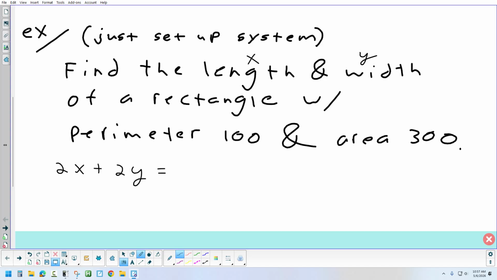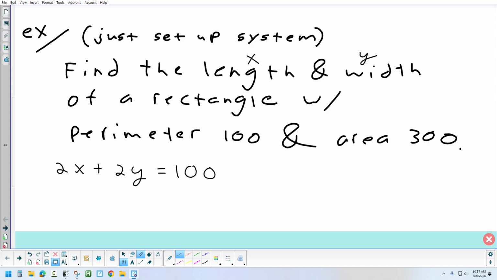Based on the information in the problem, Eileen, what is 2x plus 2y going to equal? 100. So there's my first equation. If that's the only information I had, there's an infinite number of answers to that problem. But they give me more information. They tell me the area has to be 300, so that's going to narrow it down. So perimeter, we got that equation.